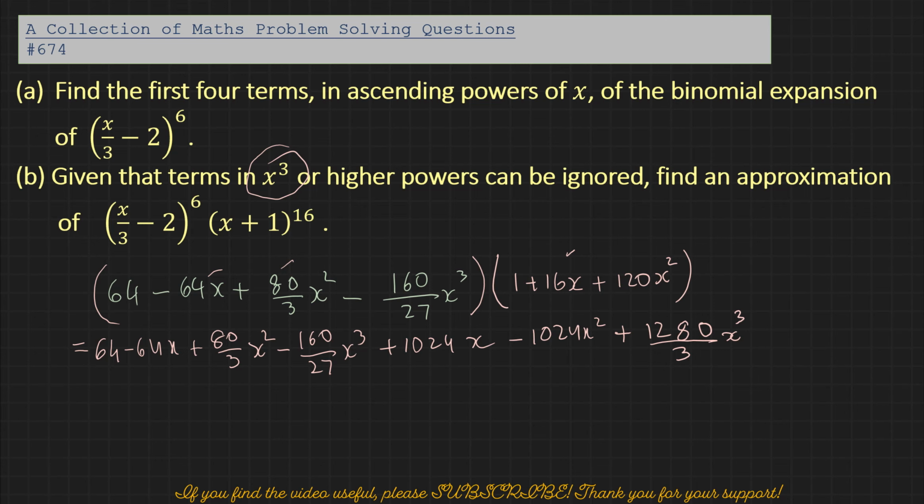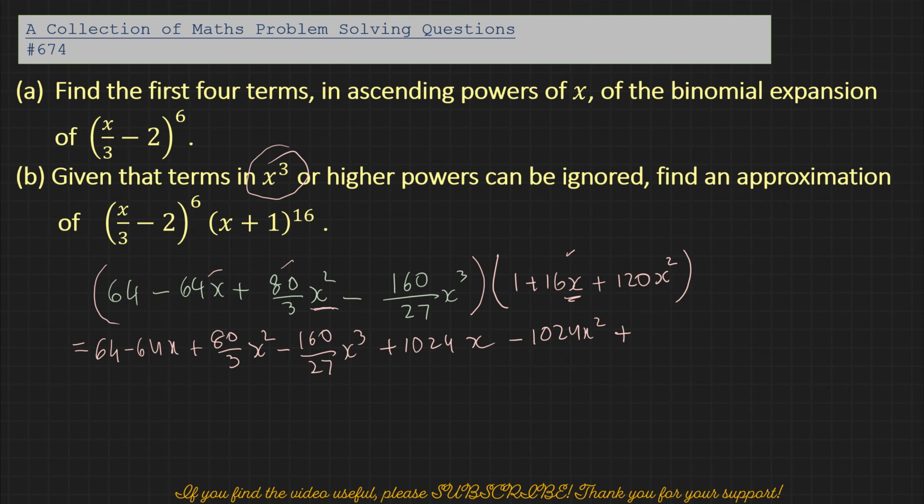I don't really need x³, because x³ can be ignored. x² times x is x³, so I ignore that, and x² times x² is x to the power 4, so I don't have to write that down.